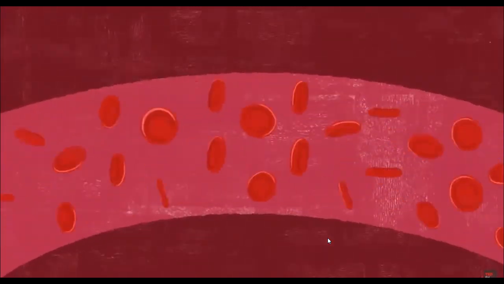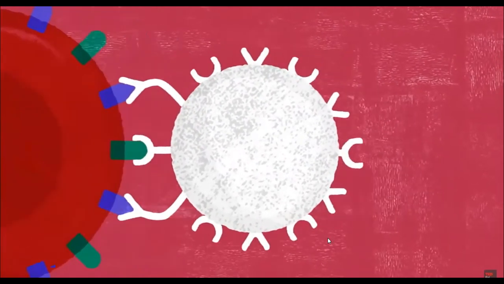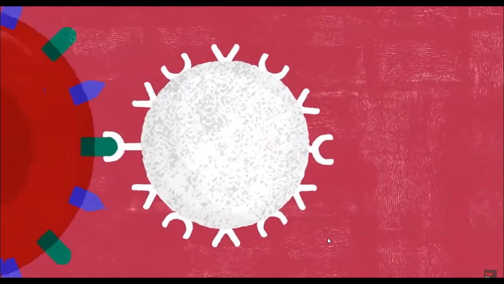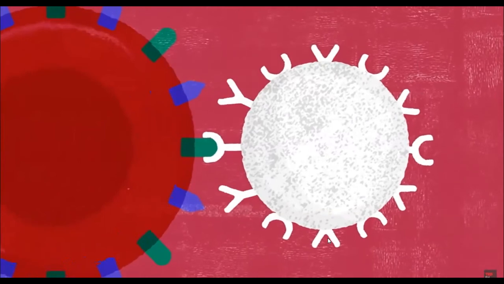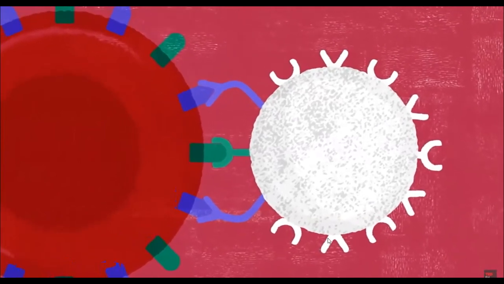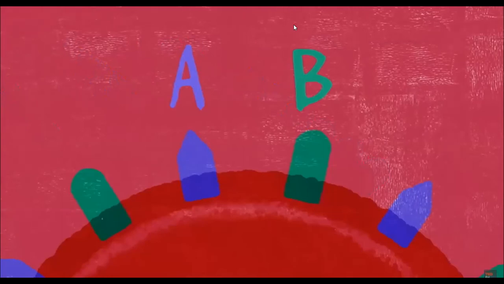But they also have another kind of complex protein on the outside of the cell membrane. These proteins, known as antigens, communicate with white blood cells, immune cells that protect against infection. Antigens serve as identifying markers, allowing the immune system to recognize your body's own cells without attacking them as foreign bodies. The two main kinds of antigens, A and B, determine your blood type.